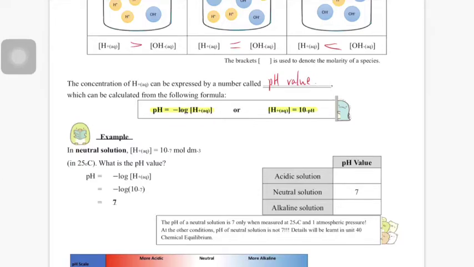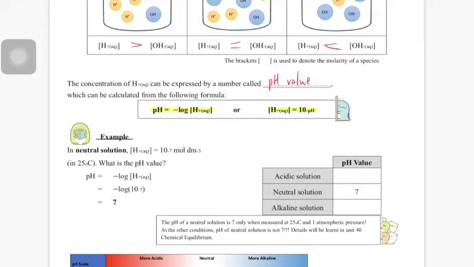So in neutral solution, we find that hydrogen ion concentration is equal to 10 to the power of minus 7 molar. So what is the pH value? pH should equal to minus log of the hydrogen ion concentration. Here we know hydrogen ion concentration is 10 to the power of minus 7, so we substitute the number in. If we put this equation into your calculator, we can work out the answer. The pH should equal to 7.